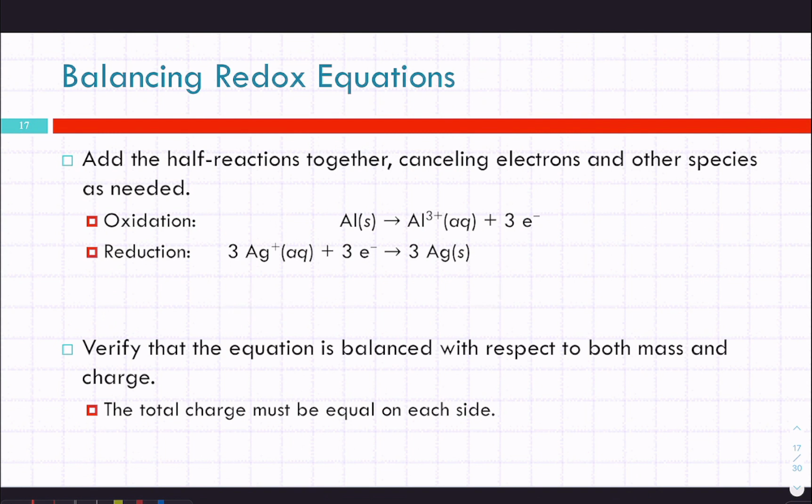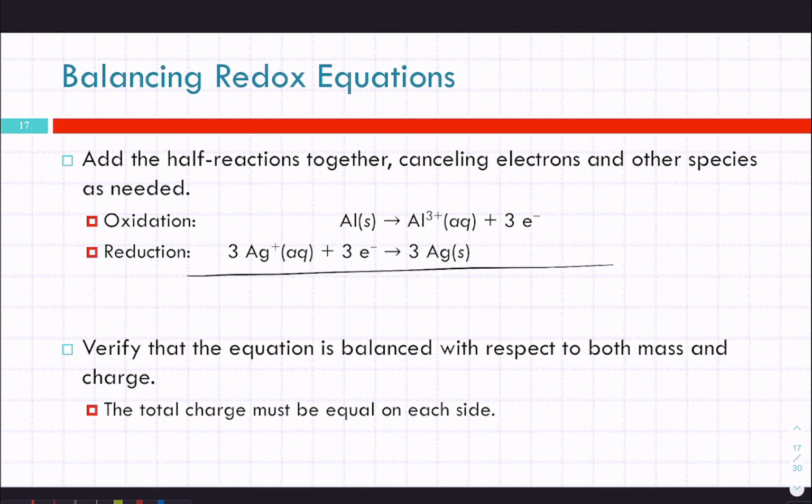So the final step here, once we have these 2 reactions and we've balanced in each of them the mass, the number of atoms, and we've balanced the charges, and we've made sure that each of them has the same number of electrons, we can add those together.